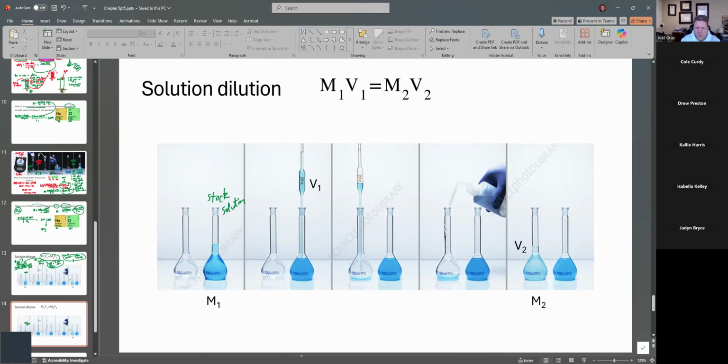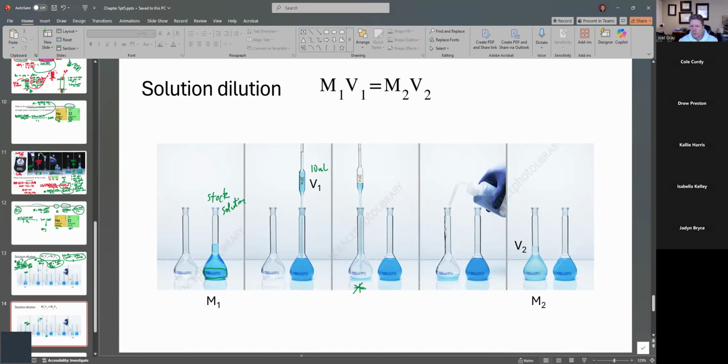Now, the volume of this we don't really care about, but this stock solution, well, it's in this 100 mil volumetric flask, and what we're going to do is we're going to take 10 milliliters out of it, and then we're going to add that to a new volumetric flask that I'm showing you right here.